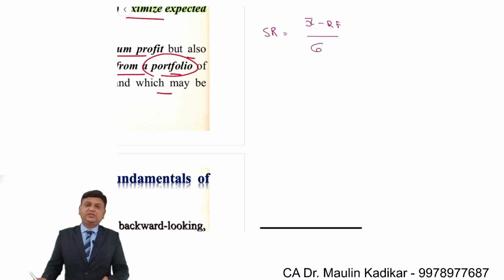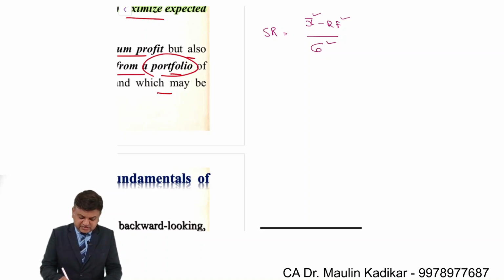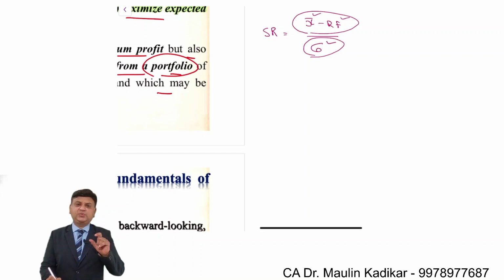The standard deviation indicates the risk, X bar indicates the actual return, and RF indicates the risk-free rate of return. So the Sharpe ratio indicates what return you have generated for every 1% of the risk you have undertaken in your investment. What is the excess return for every 1 unit of additional risk? That is what the Sharpe ratio indicates.